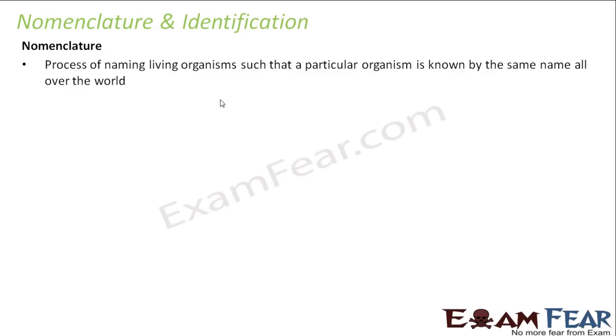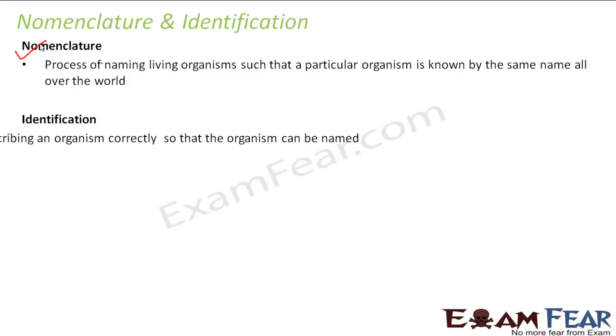Okay, so nomenclature is clear. Now we have another thing called identification. So what is identification? Let's see. Identification is describing an organism correctly so that the organism can be named. In order to name something, you should know what it is, right?